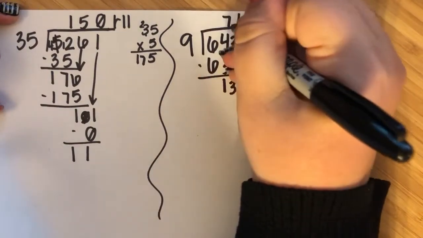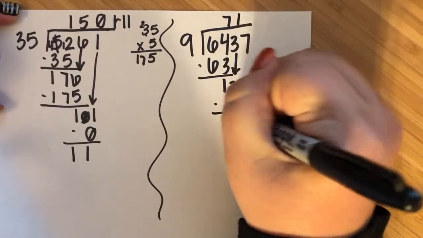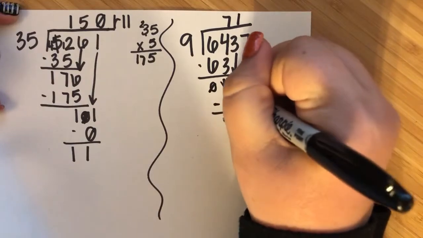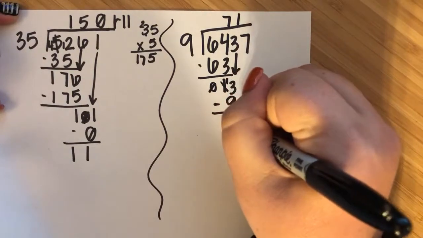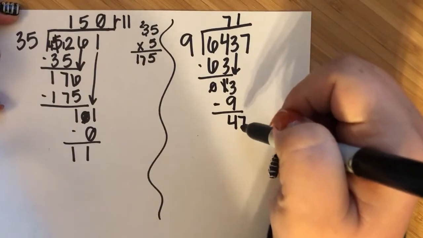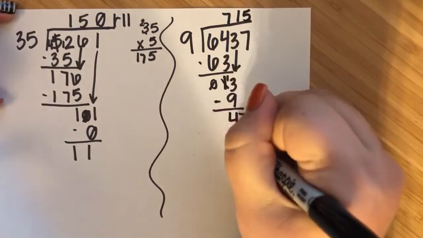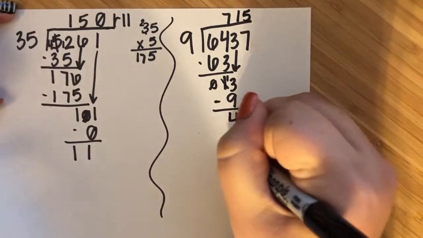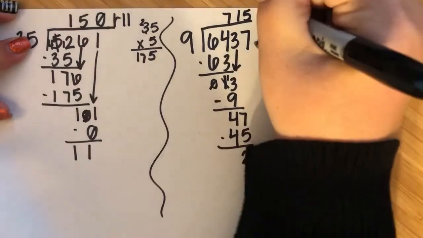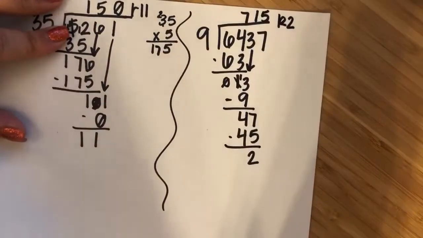I put that above the 3. 9 multiplied by 1 is 9, and I'm going to subtract it. 13 minus 9 is 4. I bring down the 7 and I get 47. 9 multiplied by something can give me a number close to 47, and that's going to be 5. 9 multiplied by 5 is 45. 47 minus 45 is 2. My answer is 715, remainder 2.